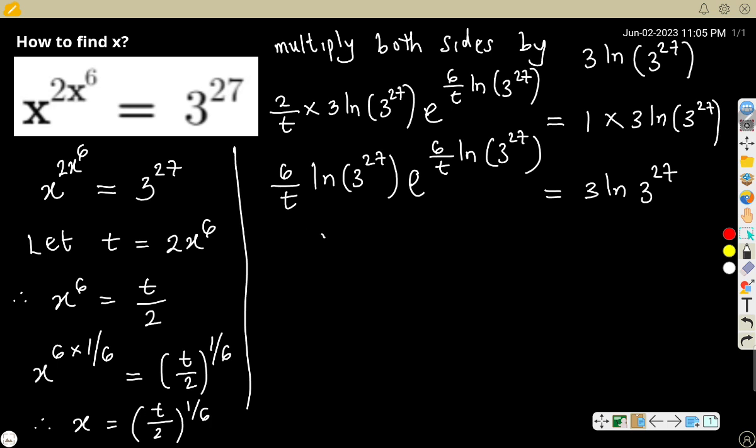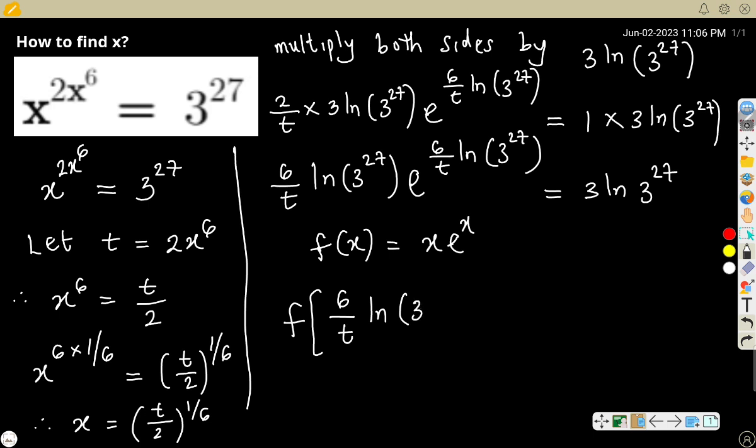But remember, f of s is equal to s e raised to power s. So if f of s equals s e raised to power s in the Lambert W function, this is the definition, that means this expression is the same thing as f of 6 over t ln 3 raised to power 27.